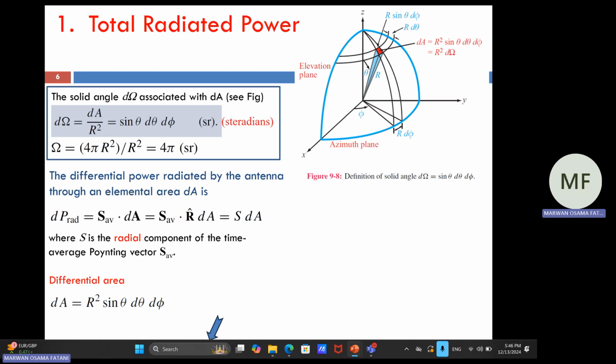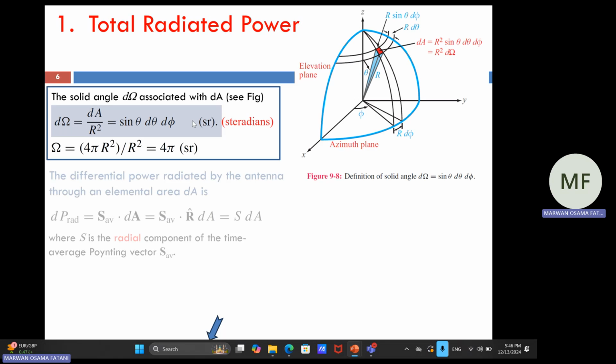So it's basically the energy that is being sent out through the antenna. We have the solid angle, the d omega associated with the dA. Of course, from now on, most of the time we're going to be dealing with only steradians.